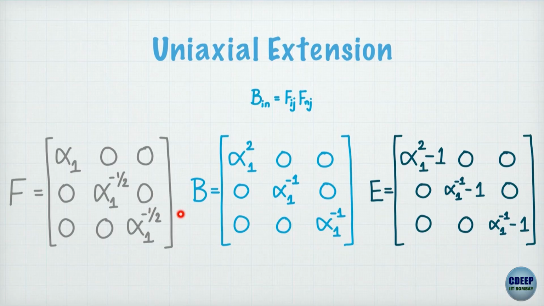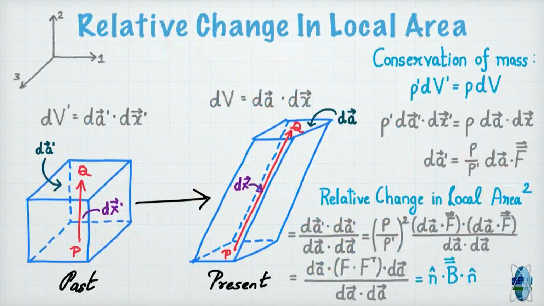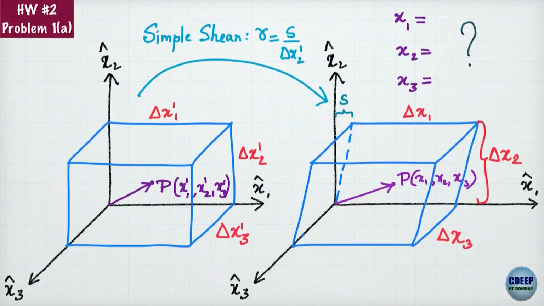And E of course is just B minus the identity matrix, which is straightforward. So, homework for you would be to derive these quantities F, B and E for the simple shear case, where you have a slab which is getting deformed to the right, where the top surface moves to the right by a distance s.